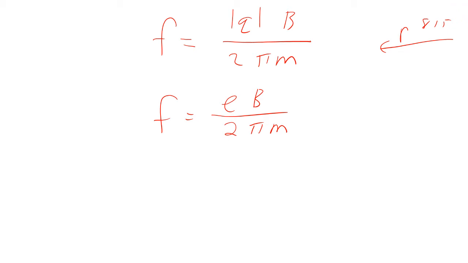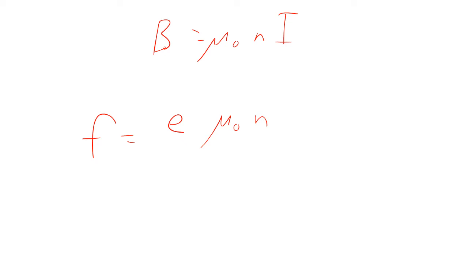The next thing we want to do is say, for the coil, we know that B equals mu naught n I. If we plug that into the previous equation, then the frequency is q, the absolute value of the charge, which is going to be the fundamental charge e, times mu naught n I, divided by 2 pi m.